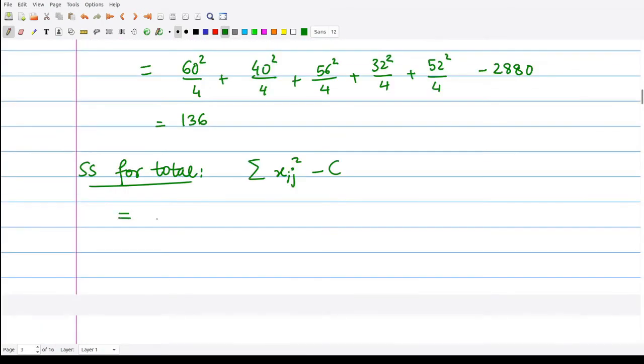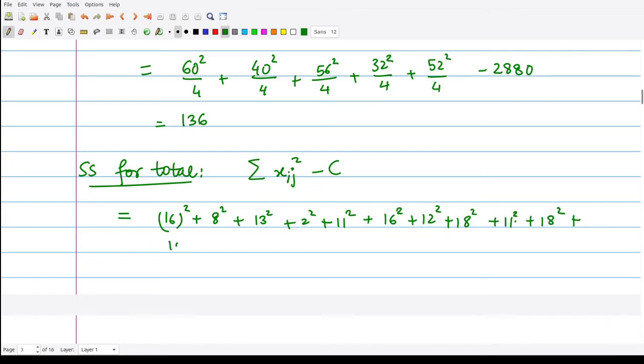So we have the first value as 16 square plus 8 square plus 13 square plus 2 square plus 11 square plus 16 square plus 12 square plus 18 square plus 11 square plus 18 square plus 14 square plus 9 square plus 12 square plus 11 square plus 14 square plus 14 square plus 11 square plus 13 square plus 8 square plus 9 square.